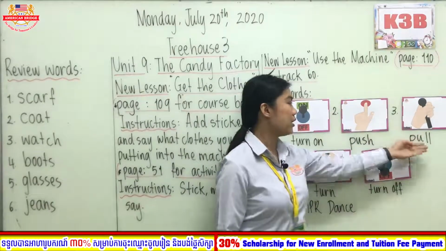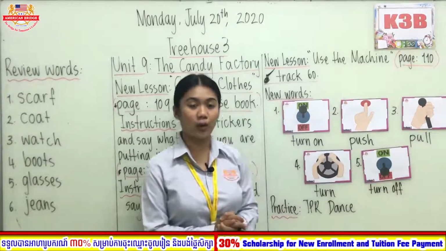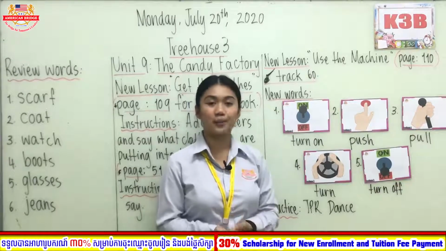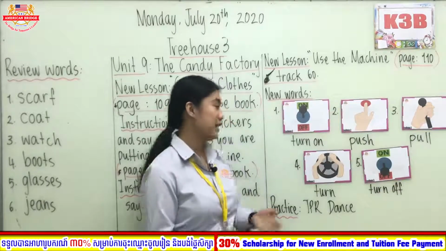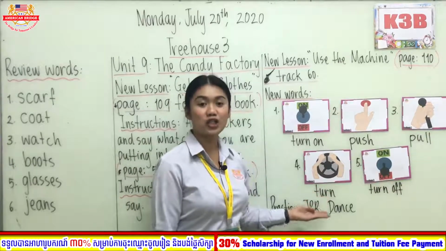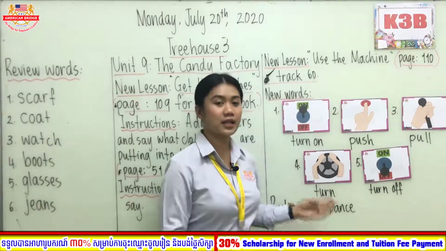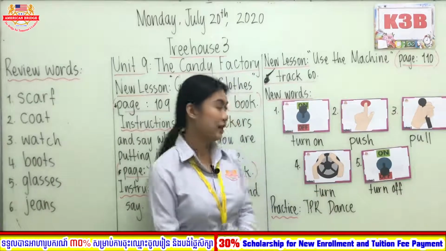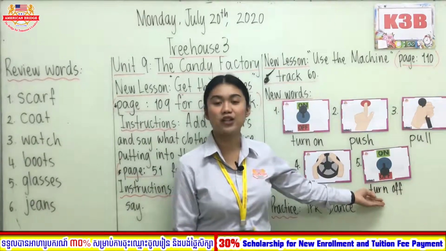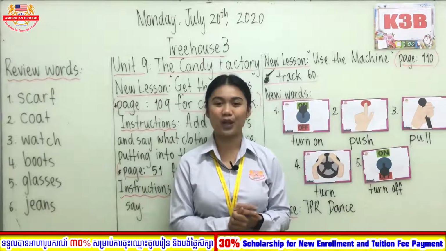Next, number 3, pull. Teacher will show you our example of pull. Next, number 4, turn. So teacher will show you again the example of this word. Next, for our number 5, turn off. Teacher will show you again the example of this word.